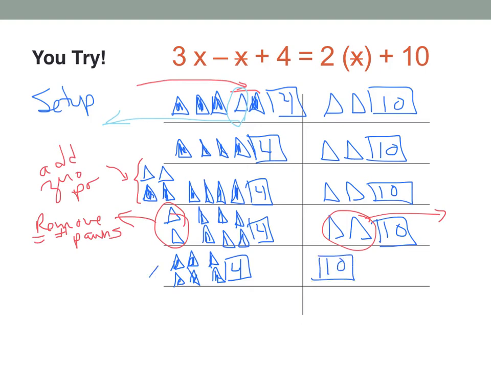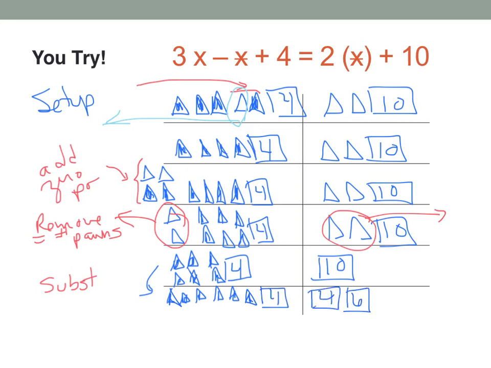Let's go ahead and substitute. I am just about to run out of room here, and so we are substituting. I'm going to squeeze it in here. 1, 2, 3, 5, 6, and a 4. On the right, a 4 and a 6.